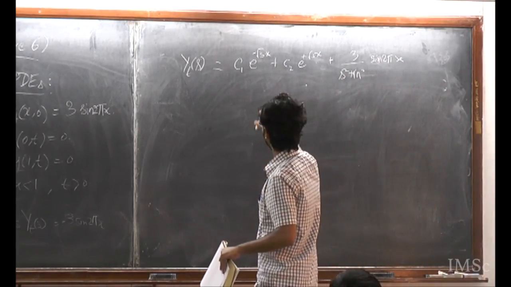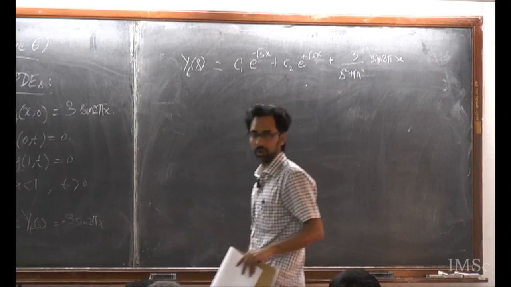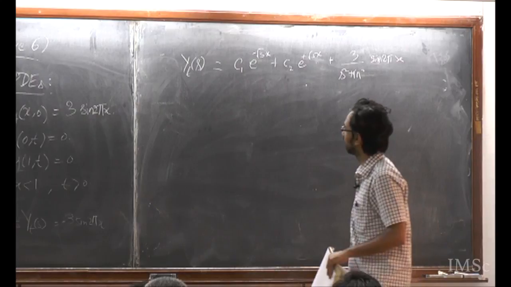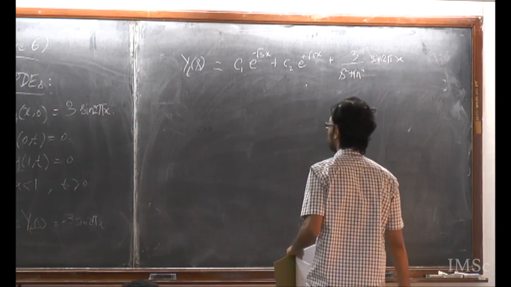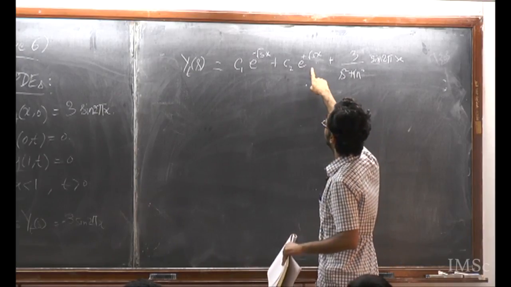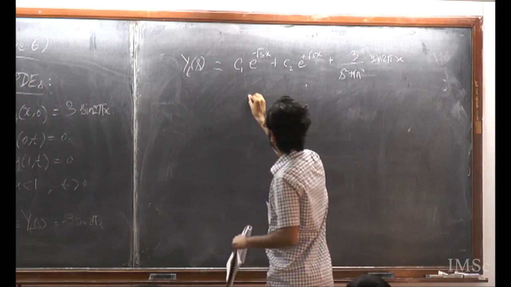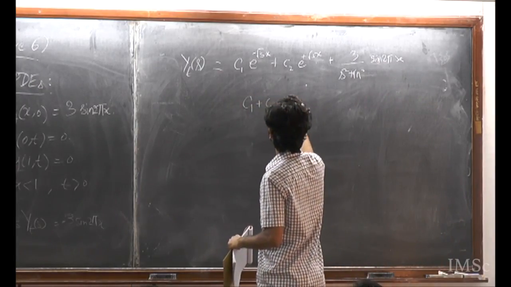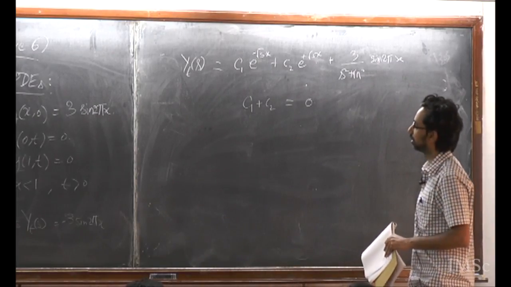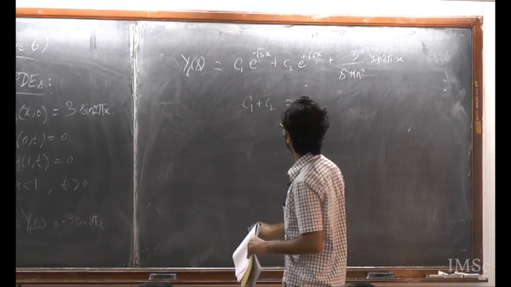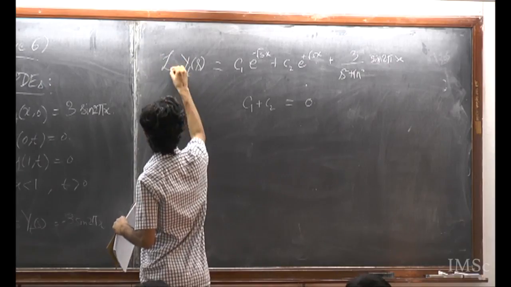So now we need to solve for C1 and C2 using these boundary conditions. If we put x equals 0, this is 1, this is 1, and this is 0. So you get C1 plus C2 equals 0. So this is actually the inverse Laplace transform.